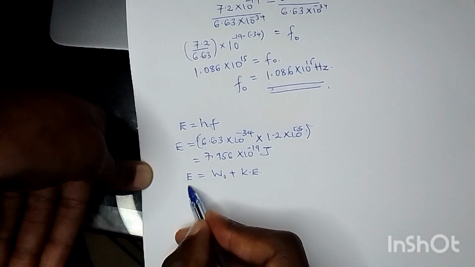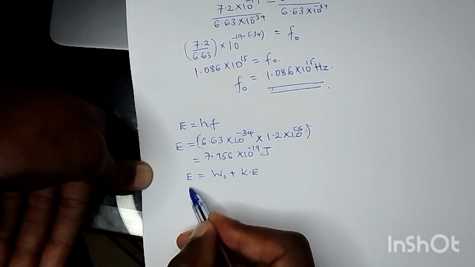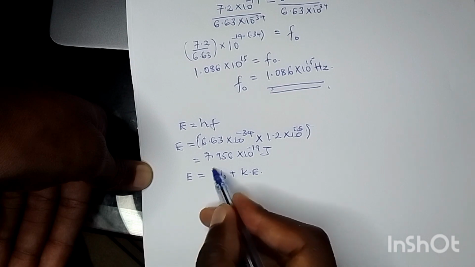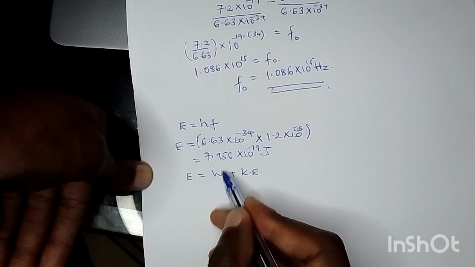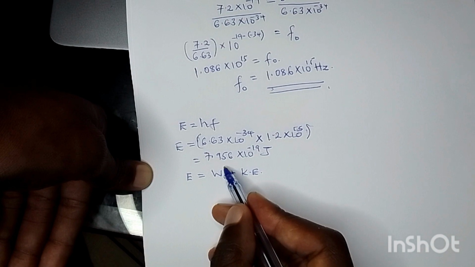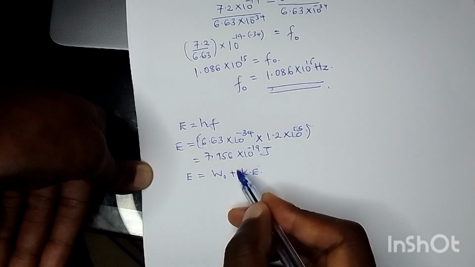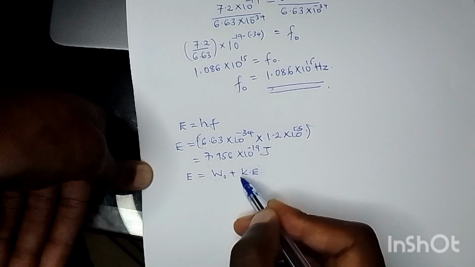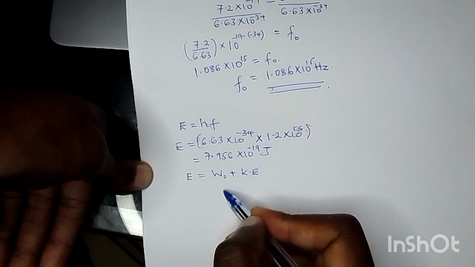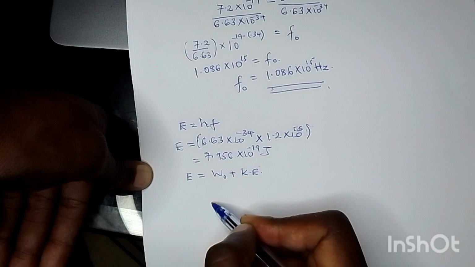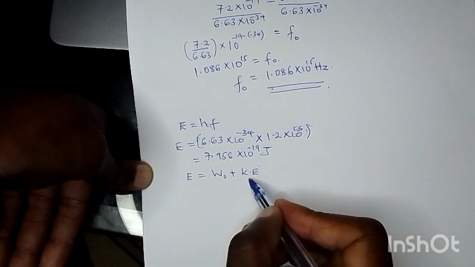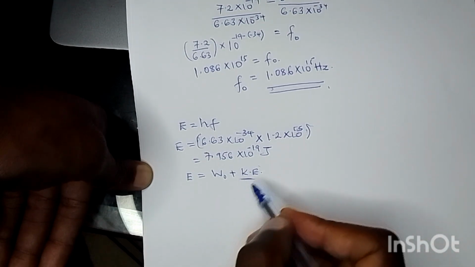So if this energy is enough, it will dislodge the electron from the metal surface, and there will be another extra energy that will take care of this one. So this is what will enable these electrons that have already been dislodged to be emitted away. So this is what we are looking for.